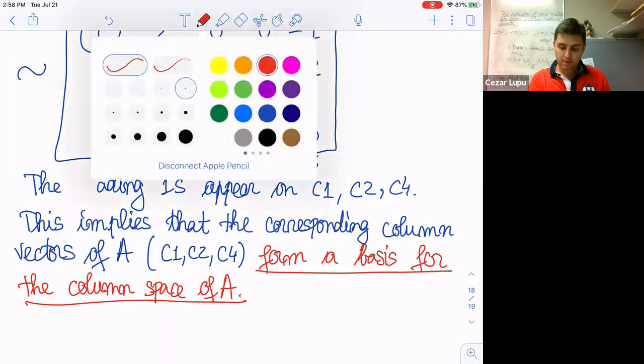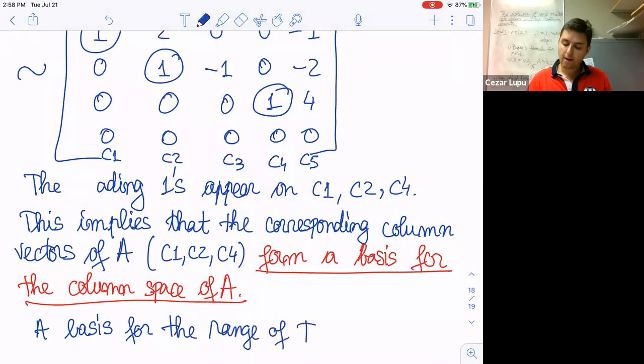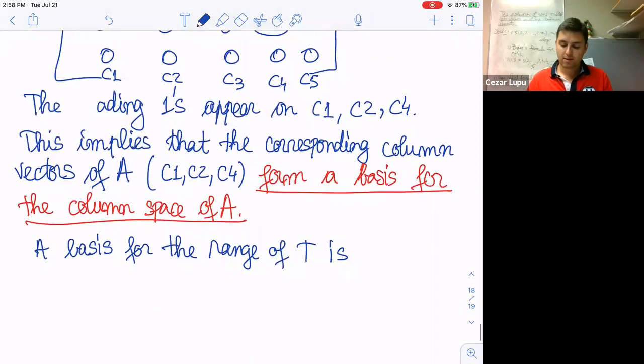Therefore, this implies that a basis for the range of T is, guess what? So let's write it here. B will be given by these columns, right?